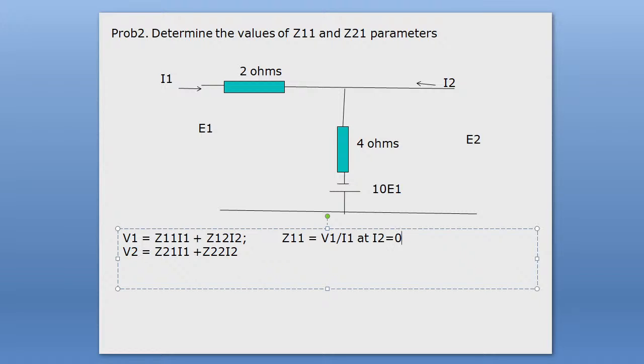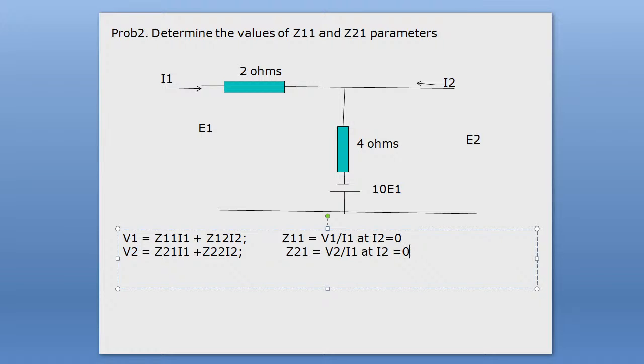And Z21 equal to V2 by I1 at I2 equal to 0.